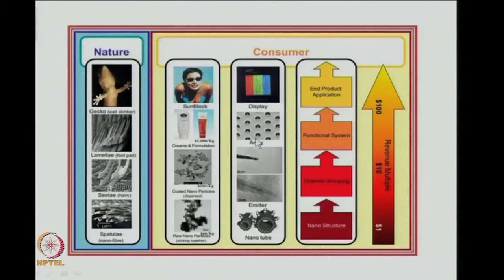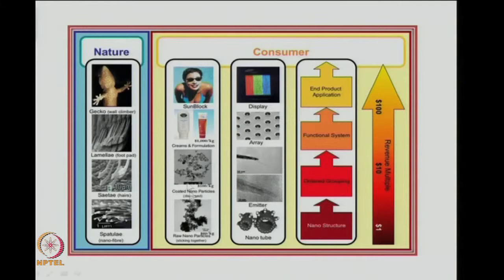Similarly, you have nanostructures formed of carbon nanotubes or other nanotubes, or porous nanostructures arranged in a particular fashion which interact with light to give you displays which you can use for several applications, and this is a subject of what is called nanophotonics.